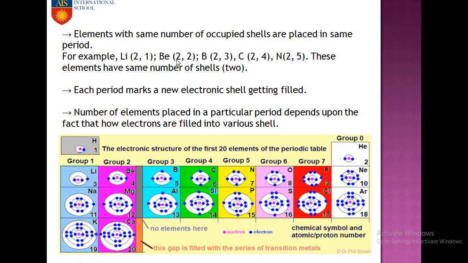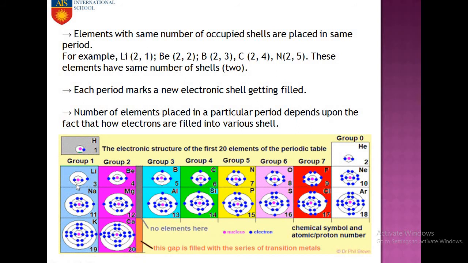In this case, they all contain 2 shells. Lithium contains 2 shells, 2 and 1. Beryllium 2, 2, boron 2, 3, carbon 2, 4, nitrogen 2, 5. They all contain 2 shells, so they all belong to period 2.